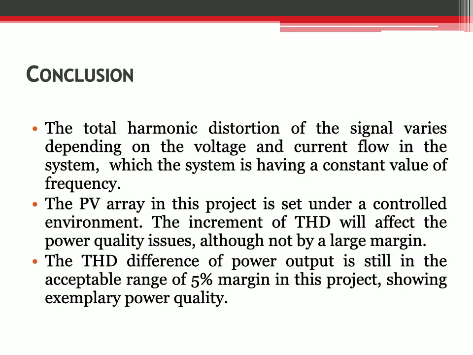The increment of the THD will affect power quality issues, although not by a large margin. The THD difference of the power output is still in an acceptable range, which is a 5% margin for this project, showing exemplary power quality.